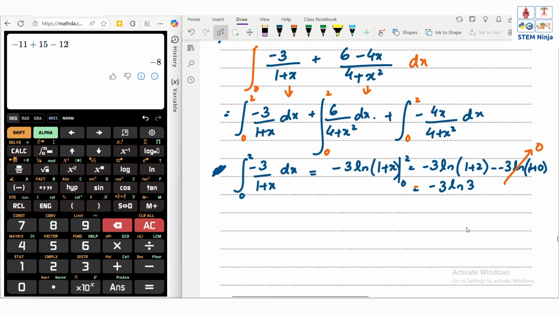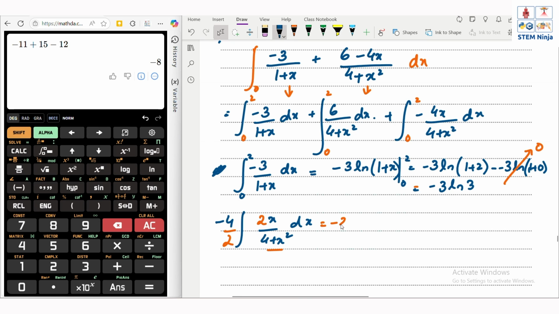All right, for the second one, actually the fourth one first. So minus 4x over 4 plus x squared. So as you can see, minus 4 has nothing to do with the x, so we can take minus 4 out. The derivative of this is 2x. So 2 over here divided by 2 over here.